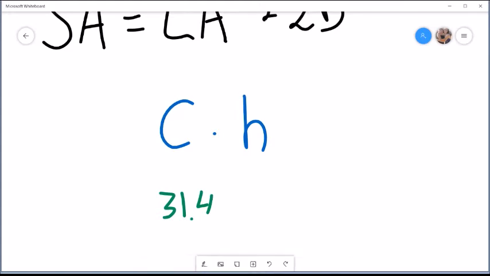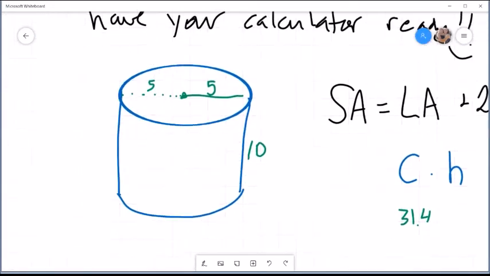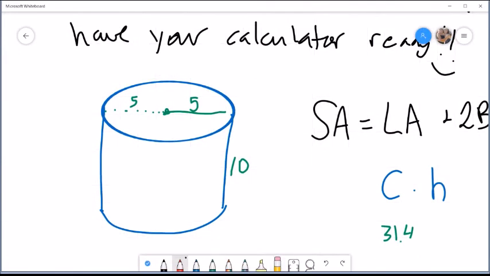Next, we need h. H is the height of, it used to be the prism. In this case, it's the height of the cylinder. Our height of our cylinder is the distance between the bases. Again, it's that distance, so that makes it this line right here, which is going to be 10.